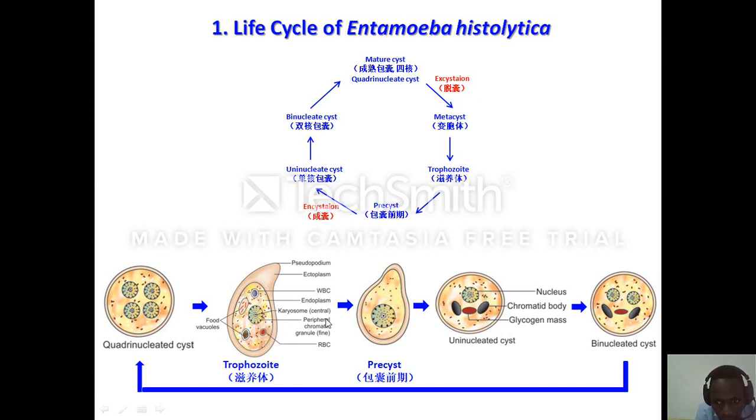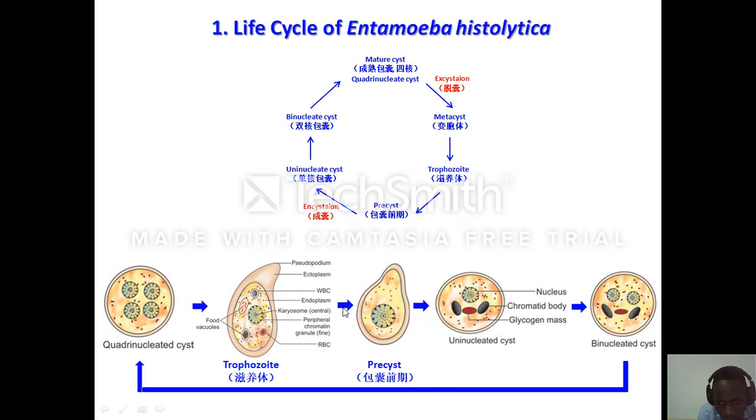Now we have the peripherals, which are here. Everything is there, but we don't have red blood cells in the precyst, though we do have them in the trophozoite. We have food vacuoles in the trophozoite, but we do not have them in the cystic form.